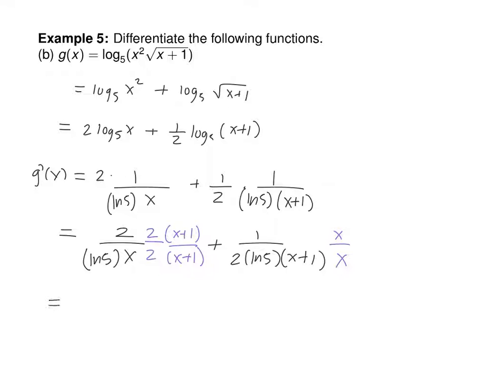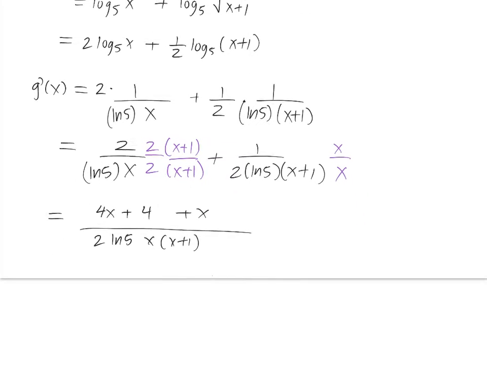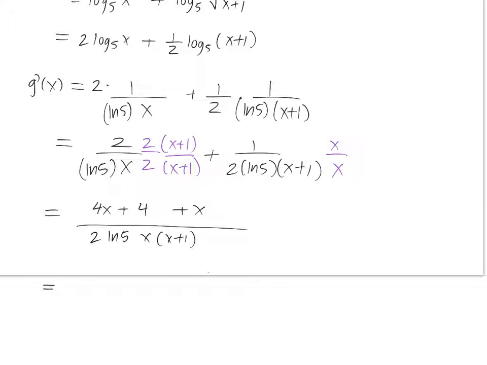So that's going to be 4x plus 4 plus x over 2 ln 5 times x times x plus 1, or 5x plus 4 over 2 ln 5 x plus 1.